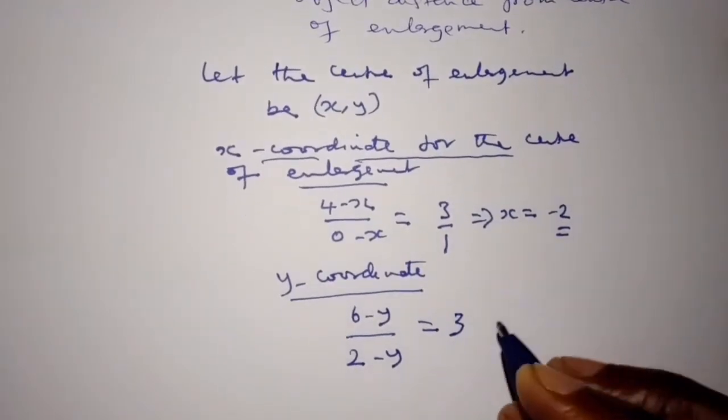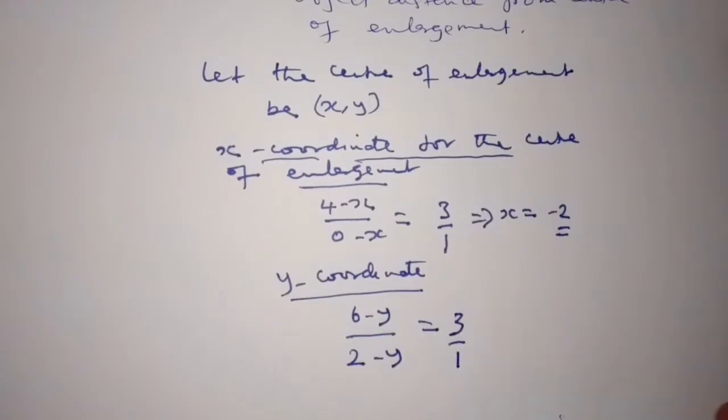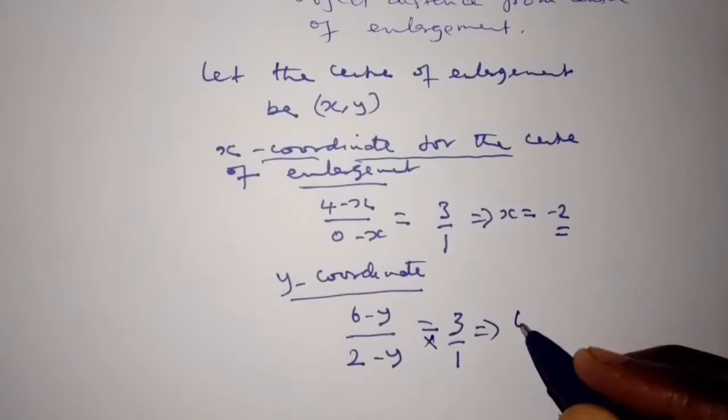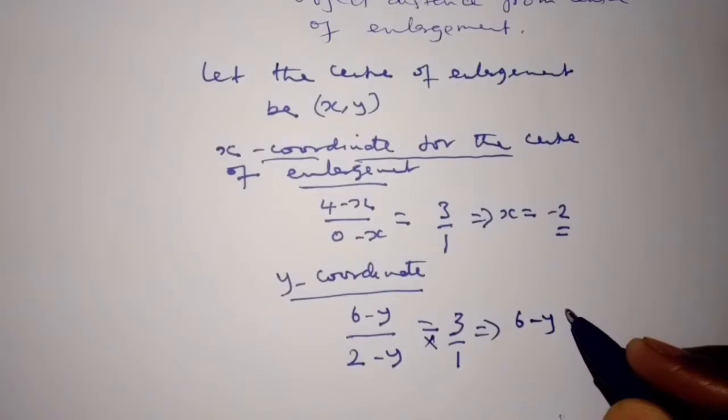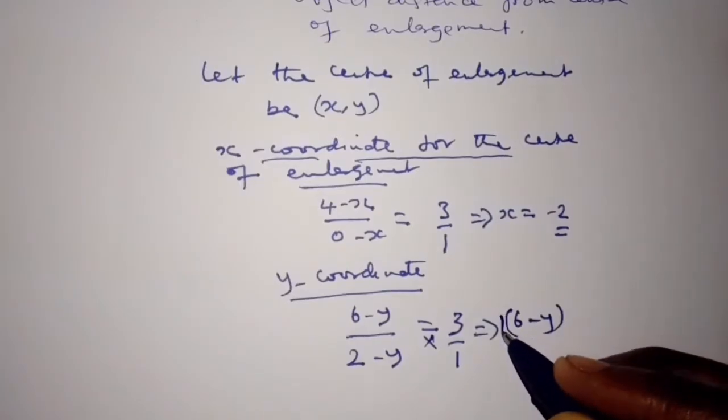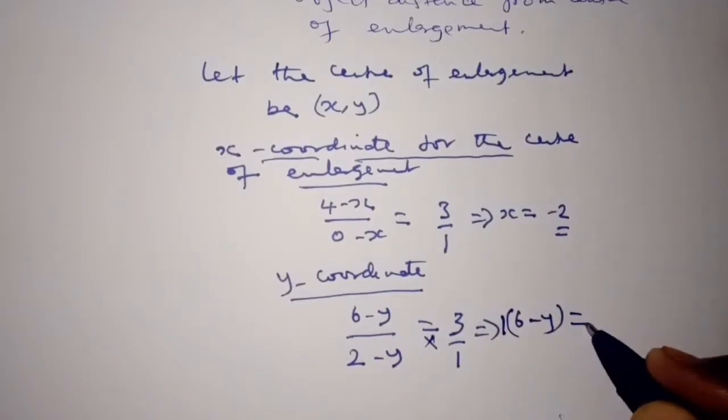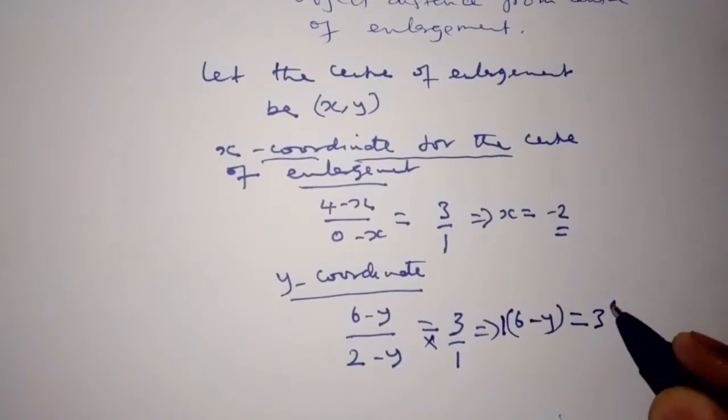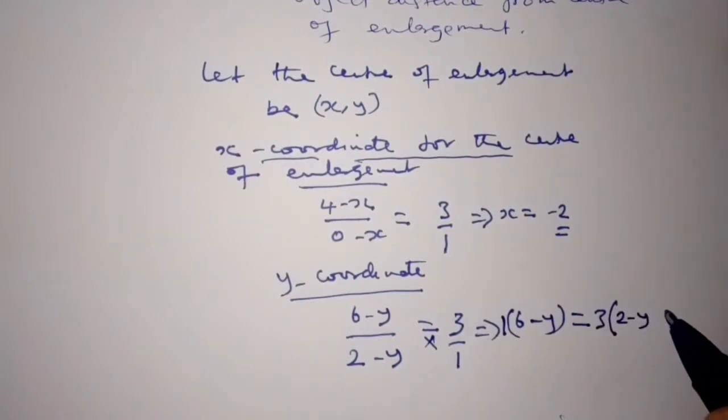So this is just like 3 over 1. We can solve this one here by cross multiplying. So it is 6 minus y times 1 is equal to 3 into 2 minus y.